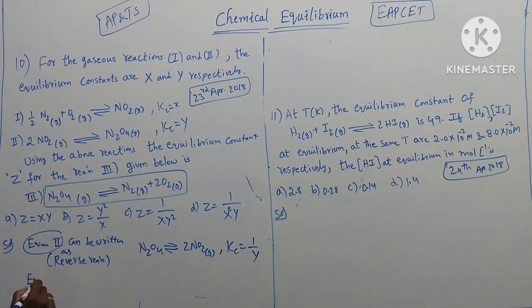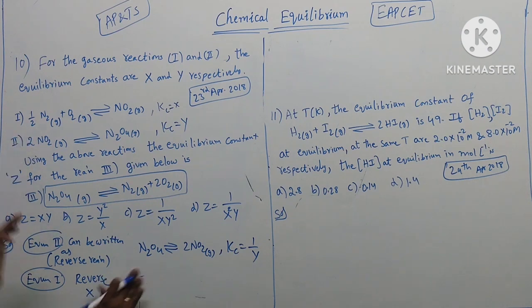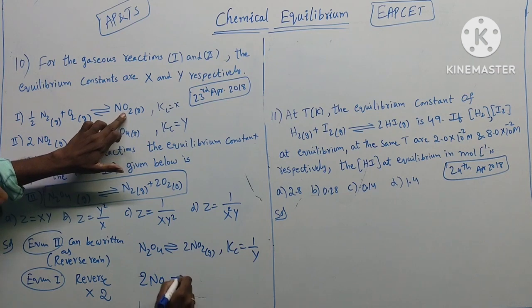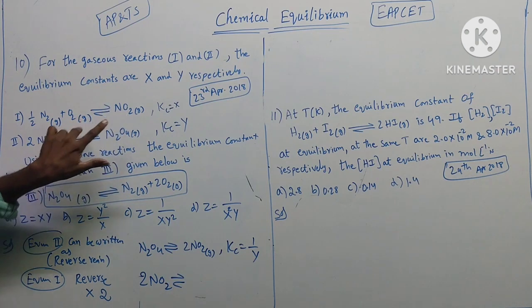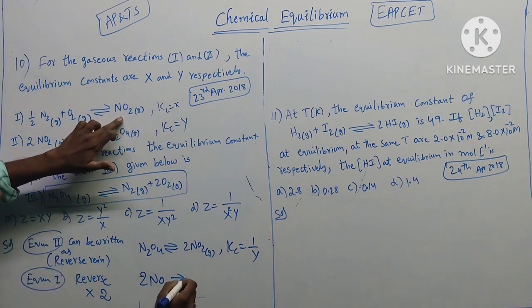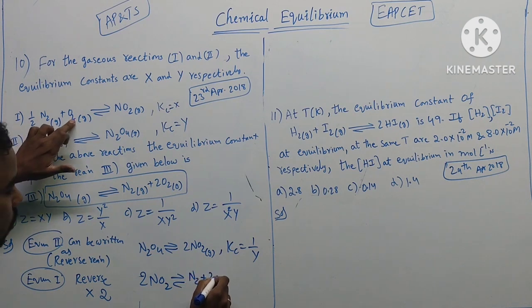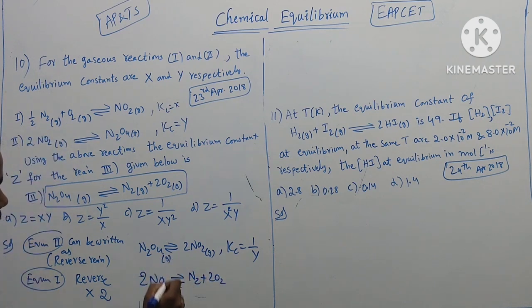Again, equation 1 reverse reaction, and it is multiplied by 2. Then 2 into 1 by 2, and reverse: 2NO2 gives N2 plus 2O2. Understand? For this reverse reaction, we multiply by 2. These are gases.